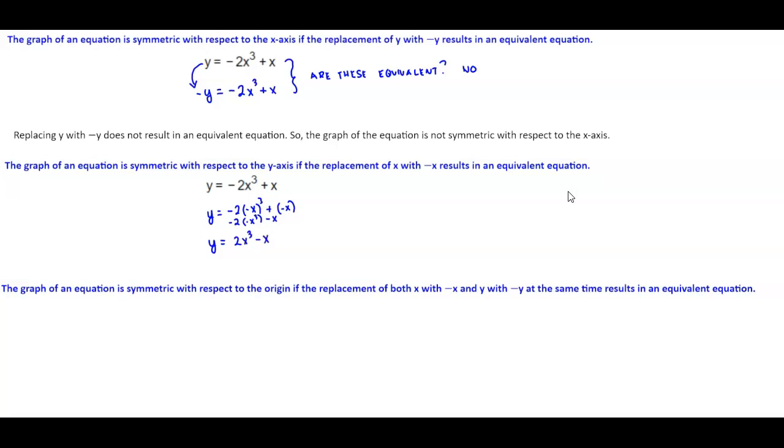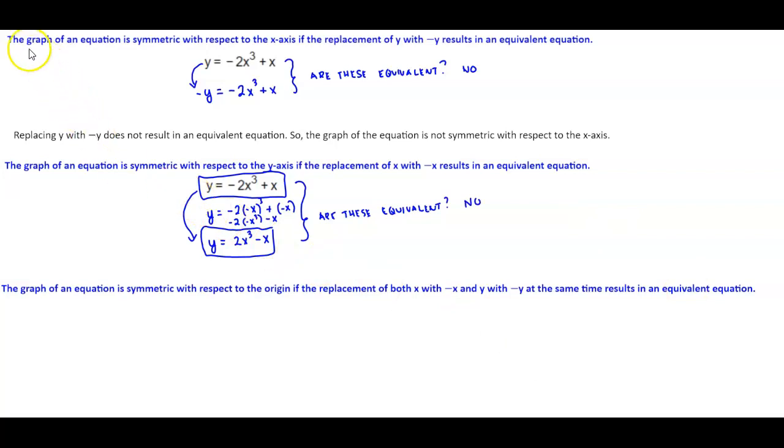So the question is, are these two equations equivalent, meaning are they equal to each other? And the answer is no.